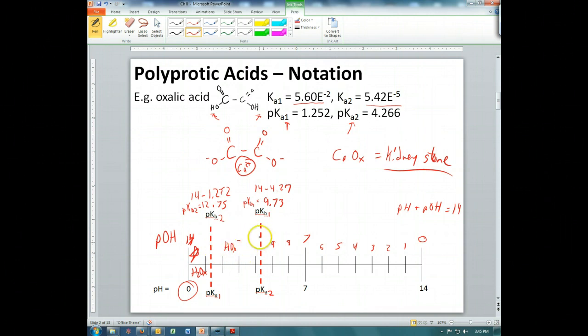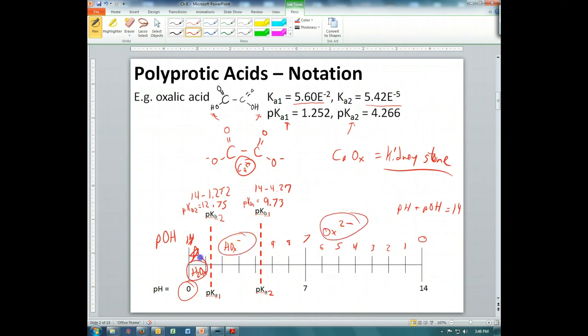Now as we get closer and closer to the next pKa, or pKb, whichever way you want to think of it, we're going to be approaching the point where we get a 50-50 mix once again, but now it's going to be between HOX minus and OX2 minus. Once we pass that point, this will be my predominant species there.